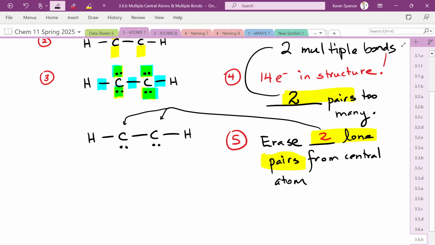All right, step 6. Oh no, that was part A, and then part B, we have to turn 2 lone pairs into 2 bonds.